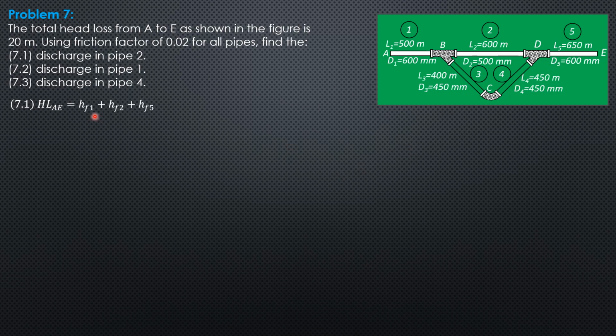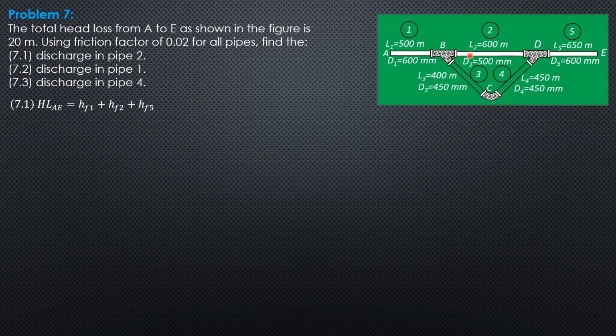Then we can compute HF1 and HF5 in terms of Q, where Q equals Q1, which is equal to Q5. Then we have Q equals Q2 plus Q3. Then HF2 in terms of Q2.